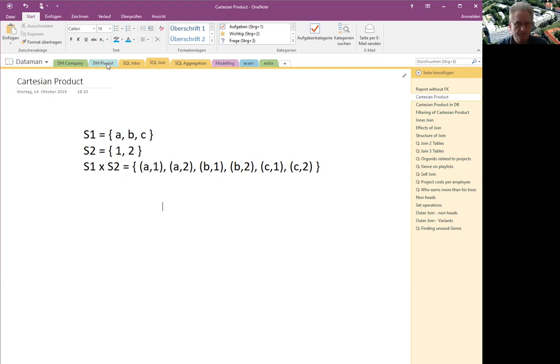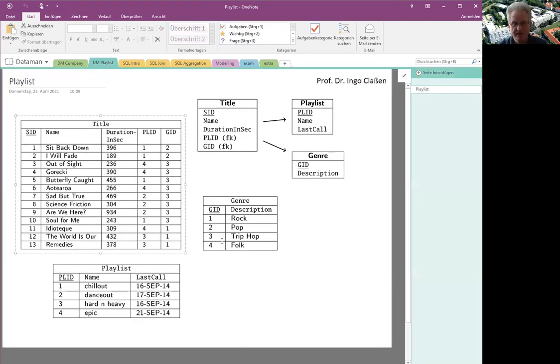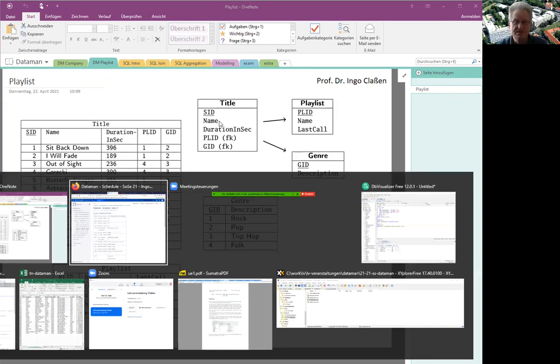So if we take, for example, the title table and the playlist table here, and we would like to combine the information of those two tables, let's take the Cartesian product of these two tables as a first step.